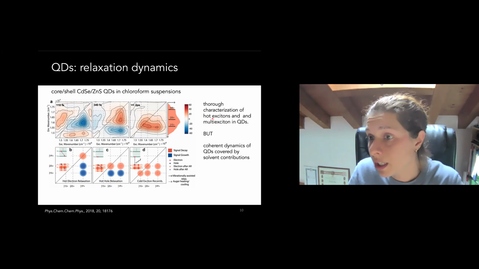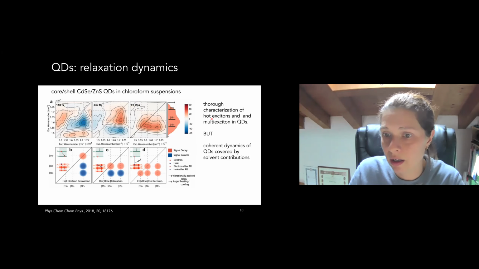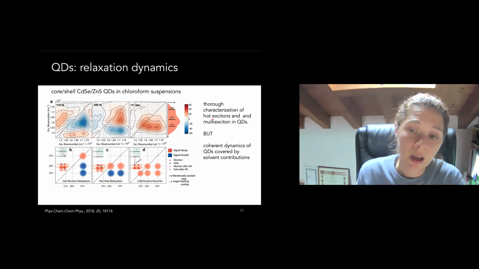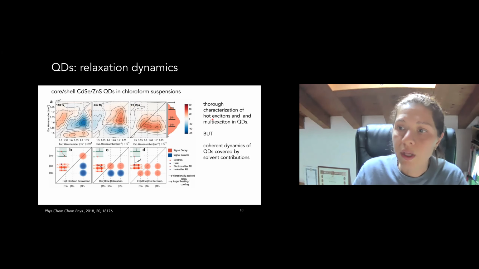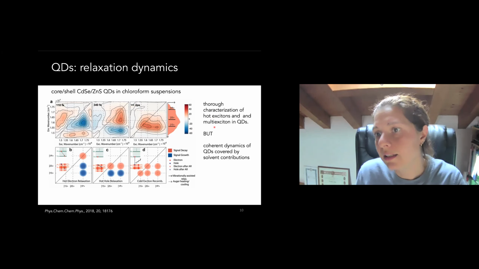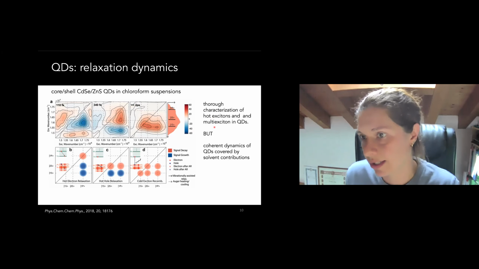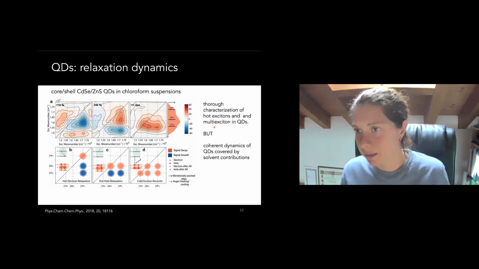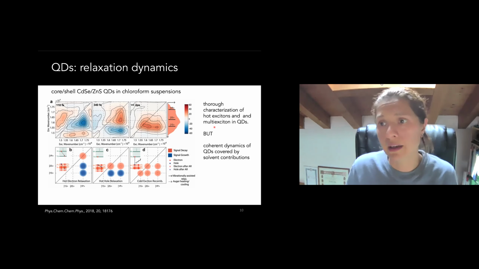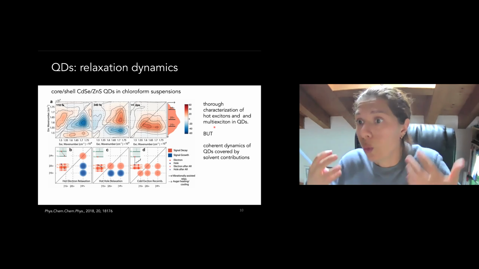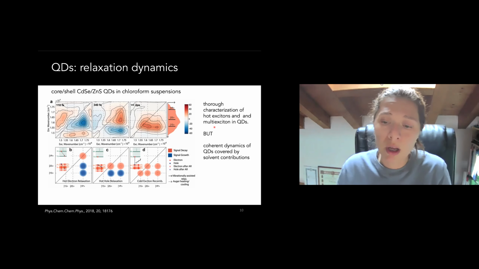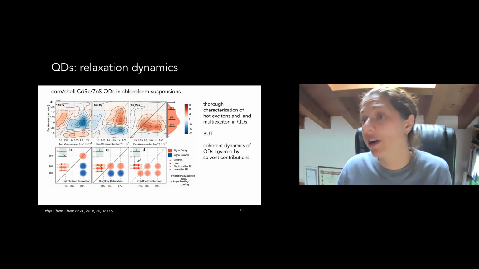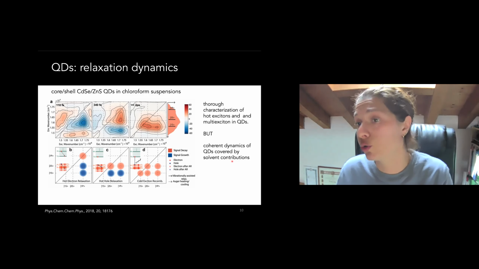This was interesting because we could characterize the hot exciton and multi-exciton relaxation dynamics, but we could not find any signature of coherent dynamics here, because any possible quantum beating due to the coherent dynamics evolution within the quantum dot samples was actually covered by the solvent contribution.